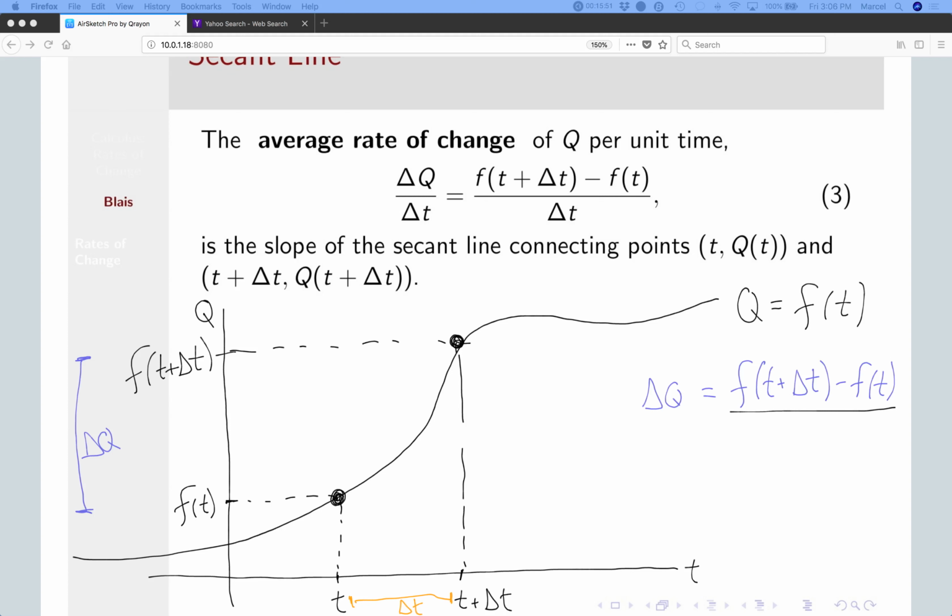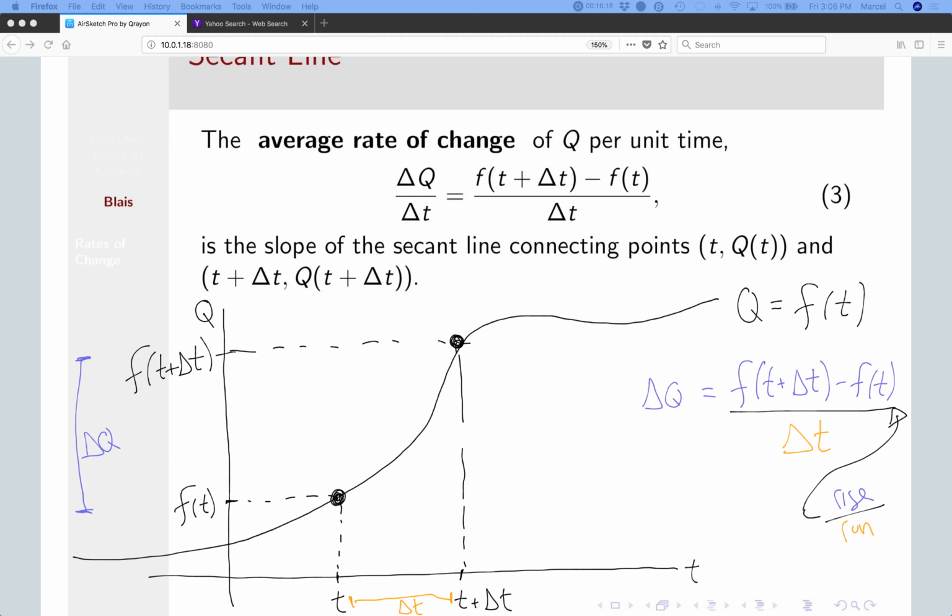Now for the denominator, we have delta t. And the thing to notice is that this we can think of as rise over run, which we know is slope.